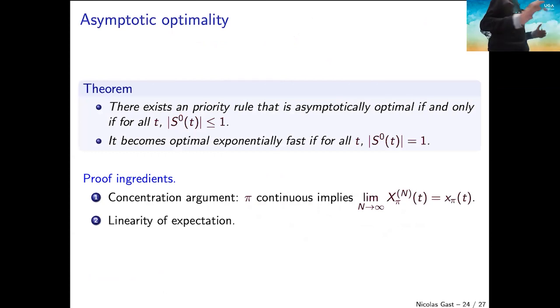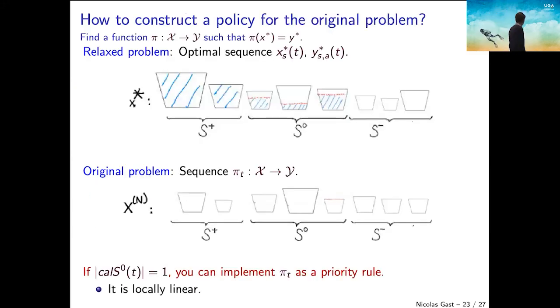And so what can be shown is that essentially there exists a priority rule that is asymptotically optimal if and only if the S0 are all smaller than 1. Essentially, it's the only way you can. Of course, you can order S plus as you want, so there are many priority policies.